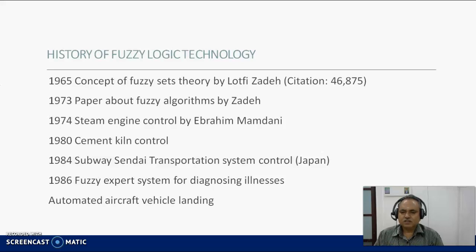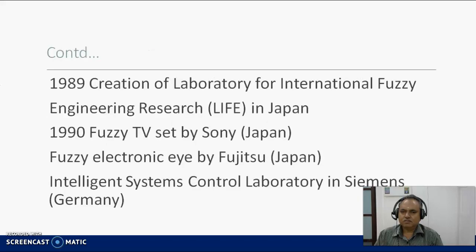As I cited earlier, there is a fuzzy based illness diagnosis system available, and automatic aircraft landing. Some laboratories in Japan are exclusively operating for fuzzy logic research, and they created a fuzzy TV set by Sony in the year 1990.